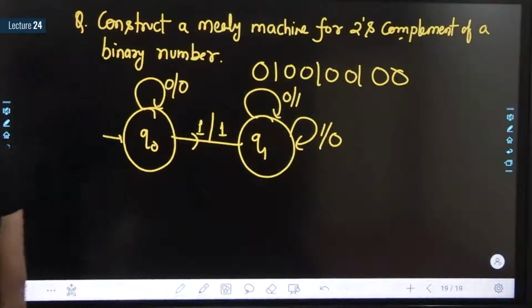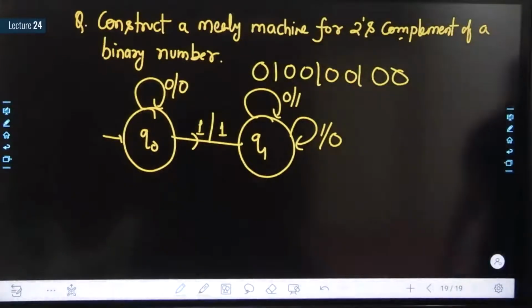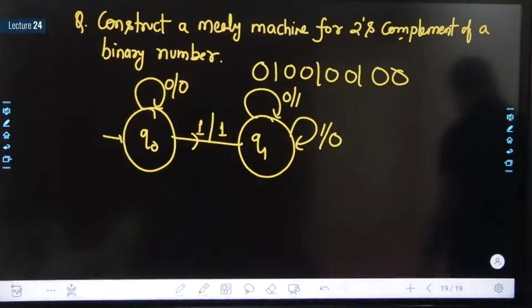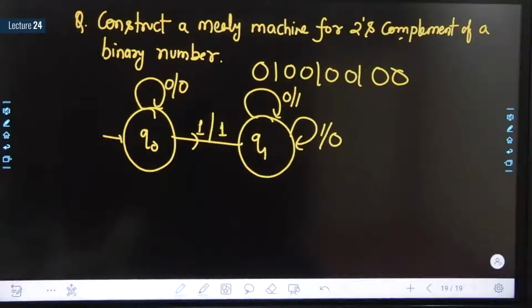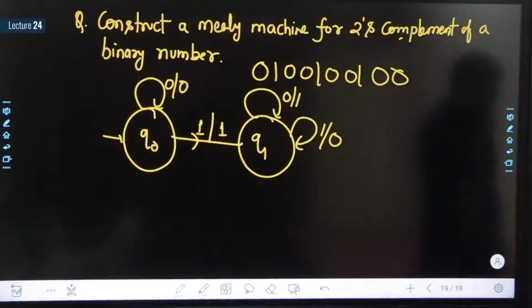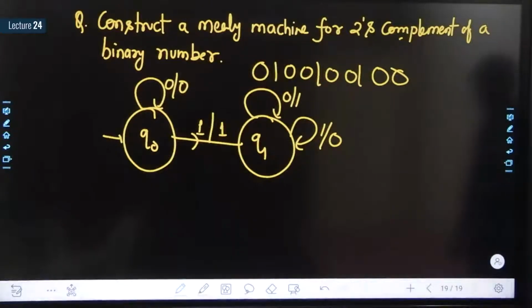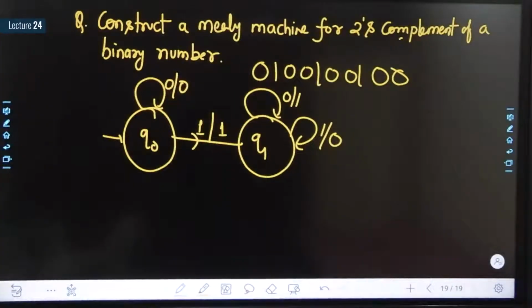Write the transition table for this. What is the transition table for this?